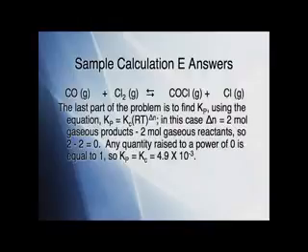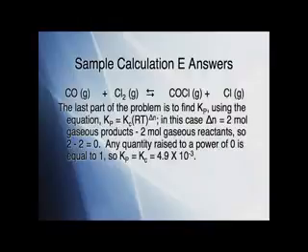You know from your math classes that any quantity raised to a power of 0 is equal to 1. So in this case, RT raised to a power of 0 is equal to 1. So Kp would be equal to Kc times 1, which means that Kp is equal to Kc, which is 4.9 times 10 to the negative third.